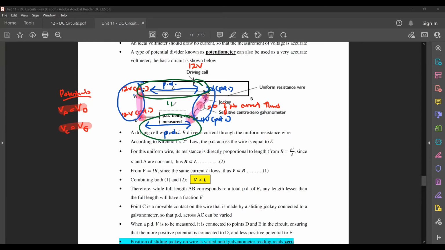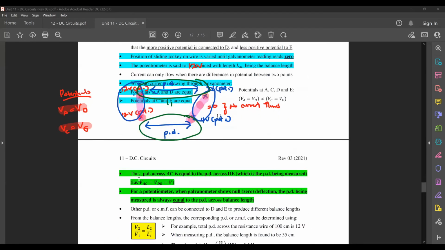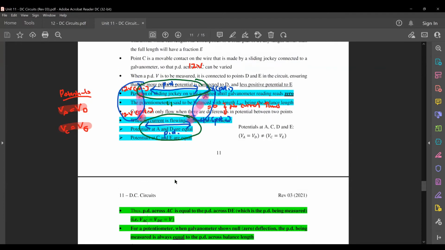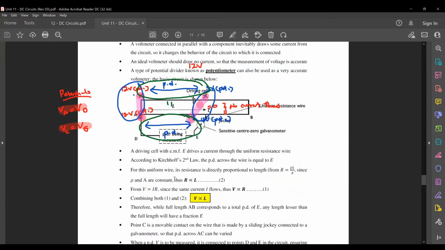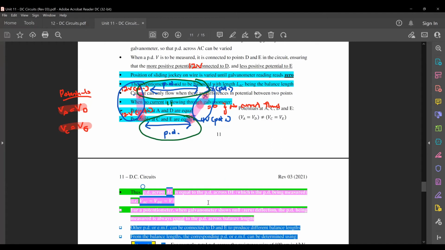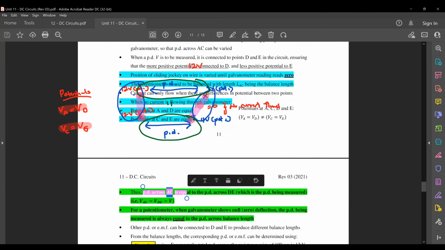So just understand that part. That's why we say the PD across AC will be equal to the PD across DE, which coincidentally is the PD that you want to measure, which is V here. That's the key takeaway here. At your balance length, the PD across your wire is equal to the PD that you want to measure.